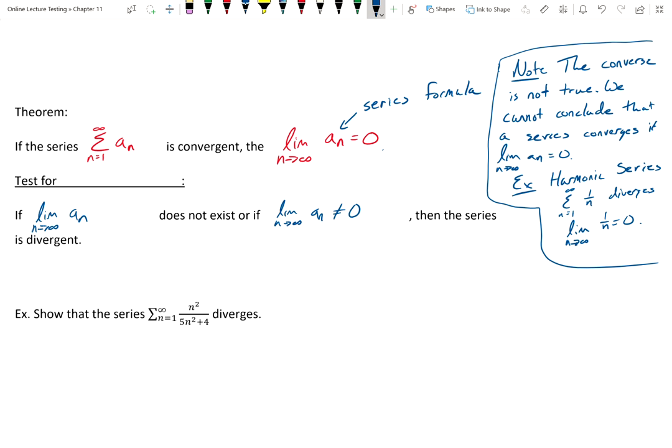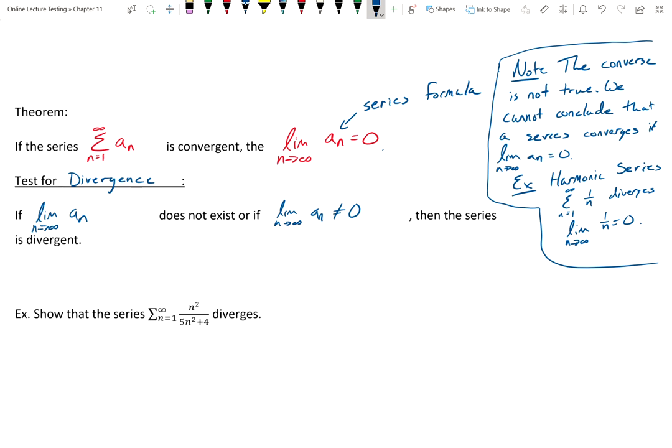Now, one thing I do want to emphasize here: if we fail this test, so again, this is the test for divergence, that does not mean that the series converges. The only way that we know it converges is if the sequence of partial sums converges and its limit exists. That's the only way that we know how a series converges.